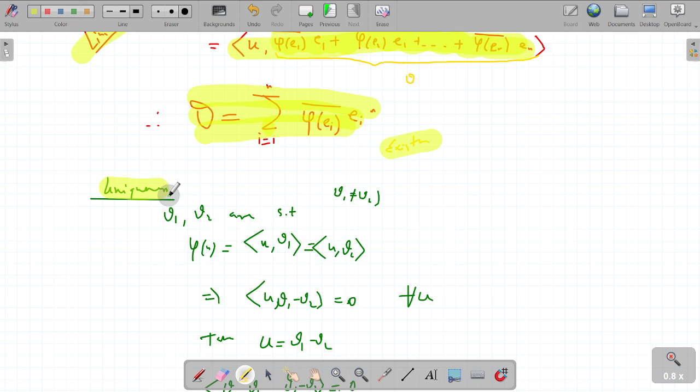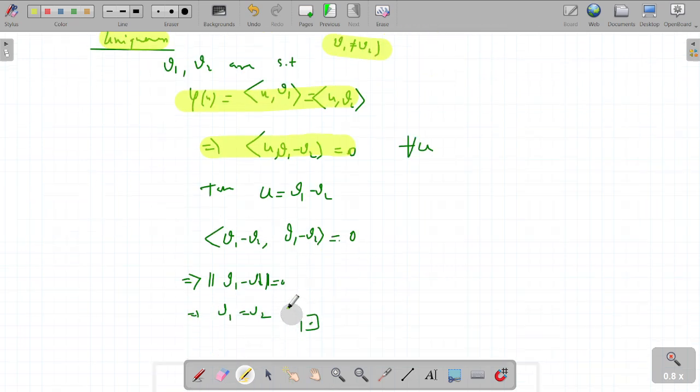For uniqueness, let's say v1 and v2 are such that they are distinct, and phi of u equals the inner product of u comma v1, which equals the inner product of u comma v2. If I use the linearity of the inner product, then I'll get this. Now this is true for all u, so it is also true for u equal to this.